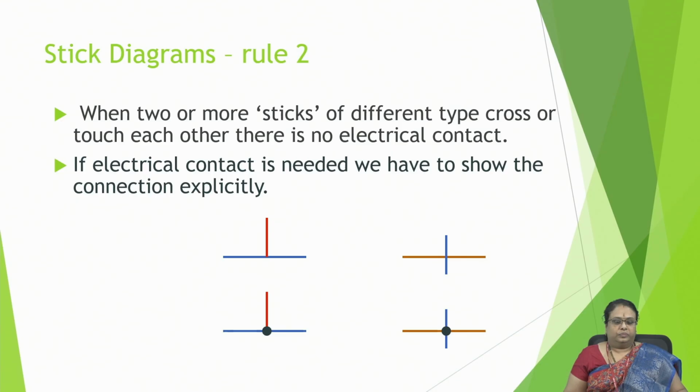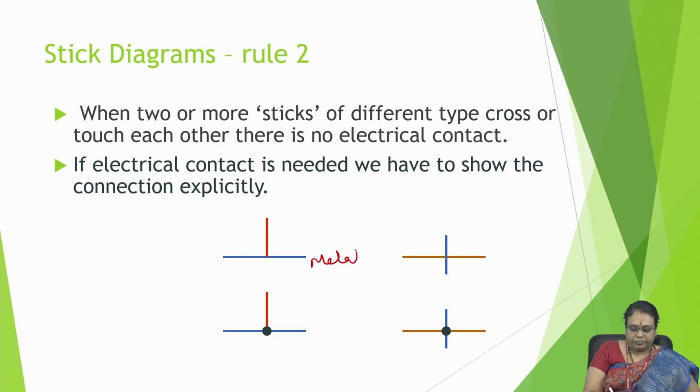Then rule 2. When two or more sticks of different types cross or touch each other, there is no electrical contact. Here, this is the metal and this is the poly.